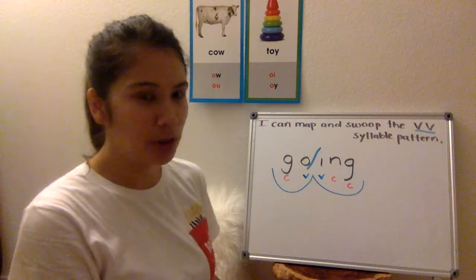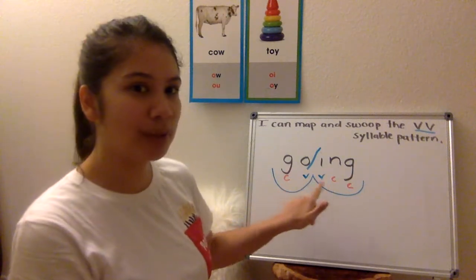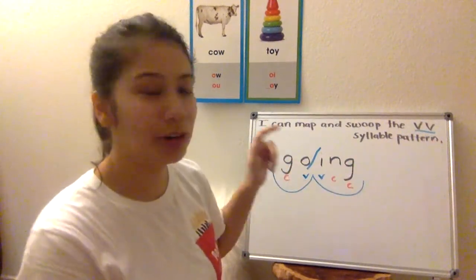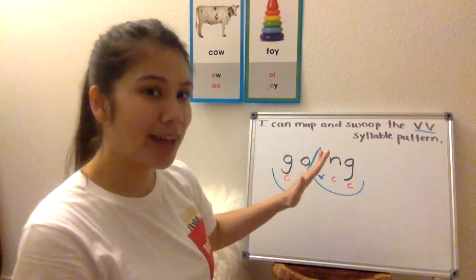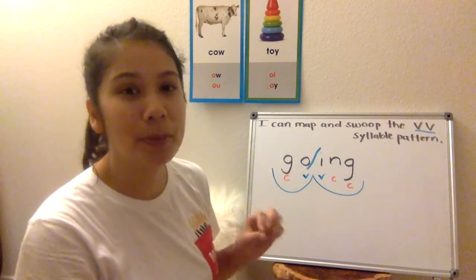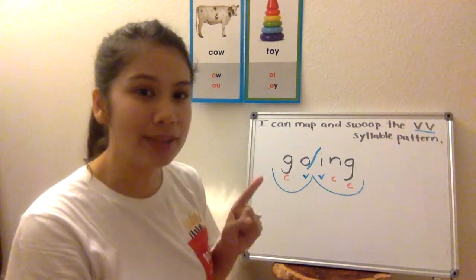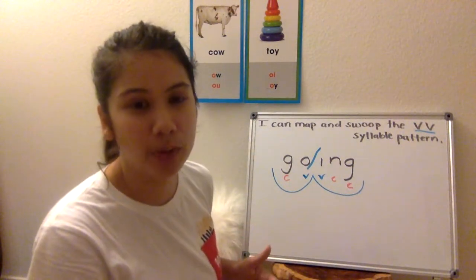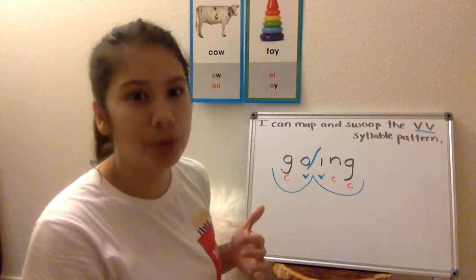So to review, when you notice that you have two vowels next to each other, it might be the VV syllable pattern where you are going to divide the syllable between those two vowels. But keep in mind that sometimes two vowels can make one special sound, like with our diphthongs or with our complex vowels, like oo, and ah.